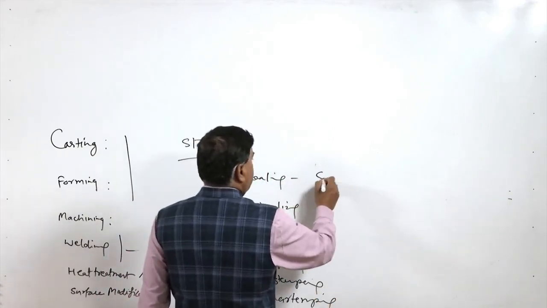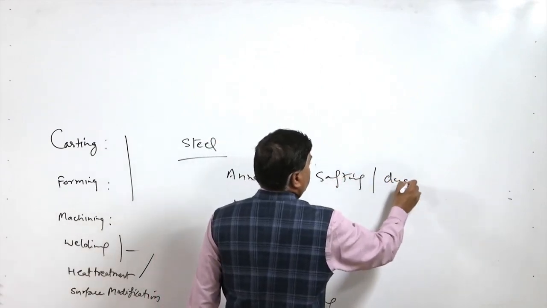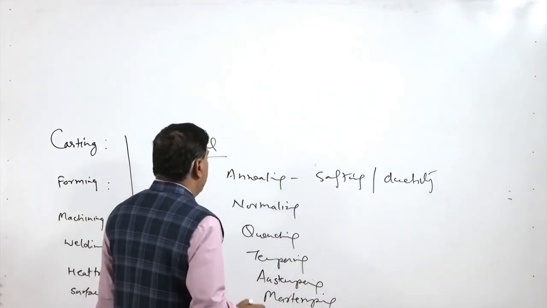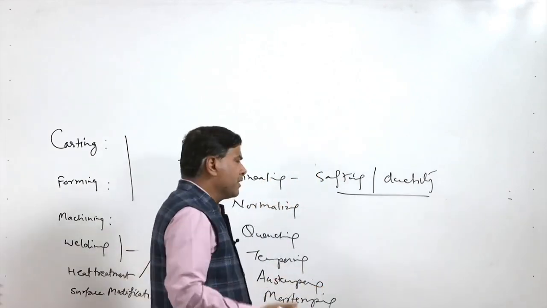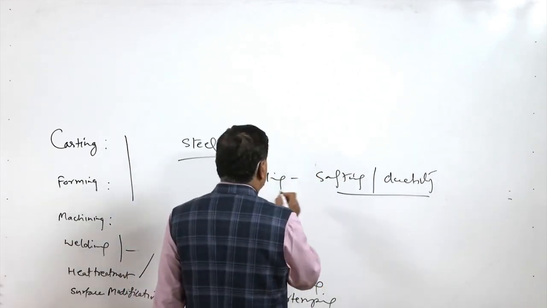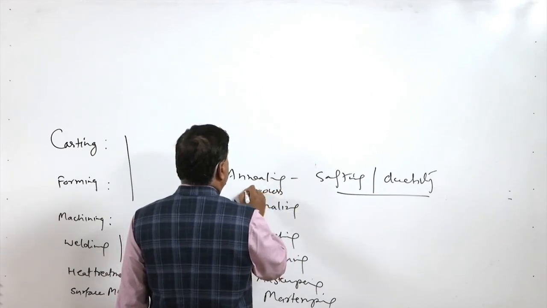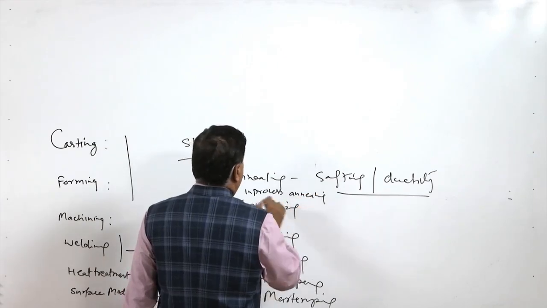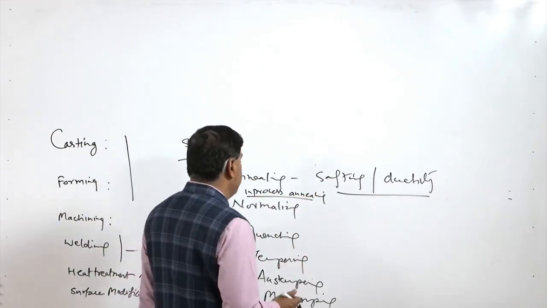So, this is mainly used for the softening, inducing the ductility, so that it can be used for further processing. There are various variants, like process annealing, which is used during the deformation based processes, so that the required ductility and softness can be induced.